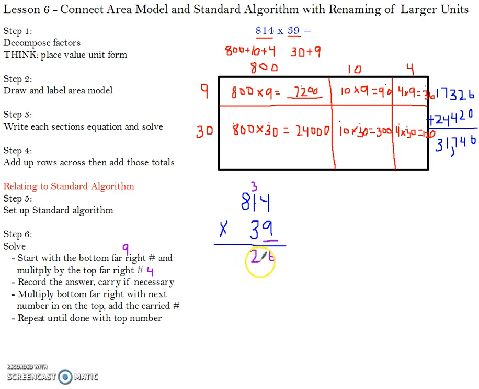We record our answer and carry if necessary. We need to carry because our answer is 12 and we can't put 12 there. And then we keep repeating this pattern until we're done with all the factor numbers on top. So 9 times 8 is 72, plus 1 is 73.